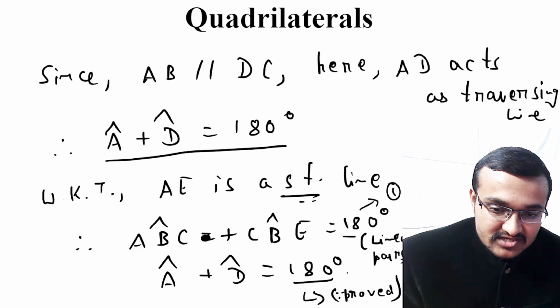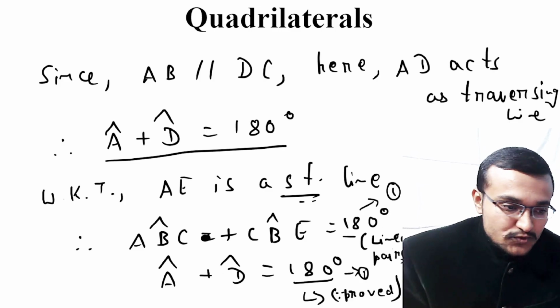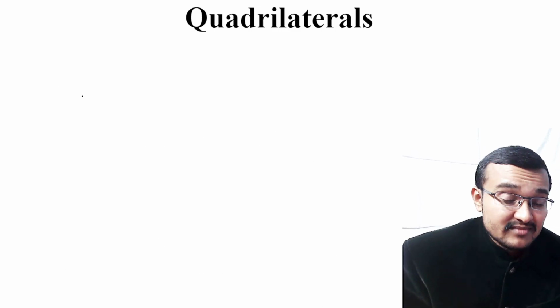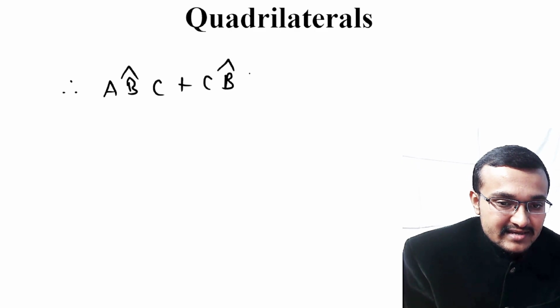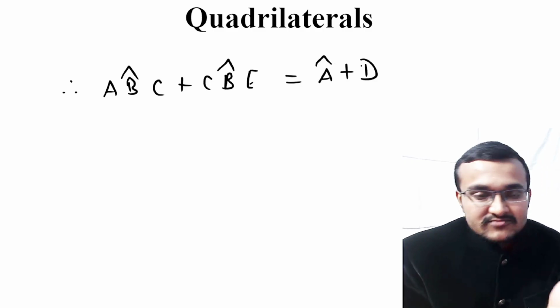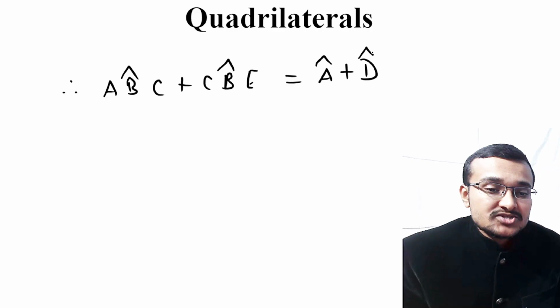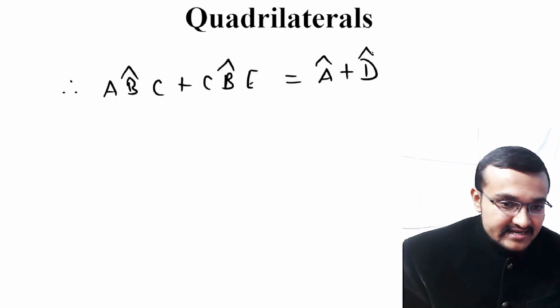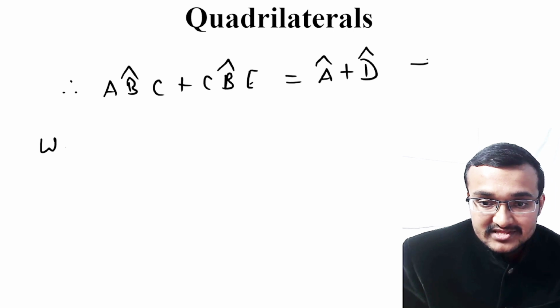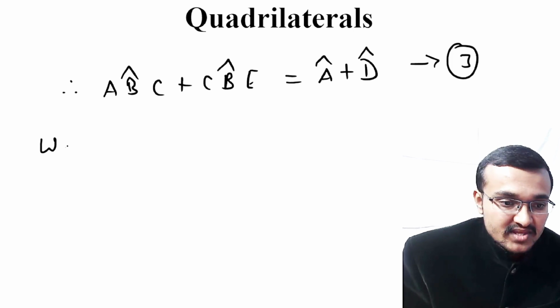If you consider these as equation 1 and equation 2, the RHS are equal in both equations. Therefore the LHS will also be equal to each other. So ABC plus CBE is equal to angle A plus angle D. We'll call this equation 3.